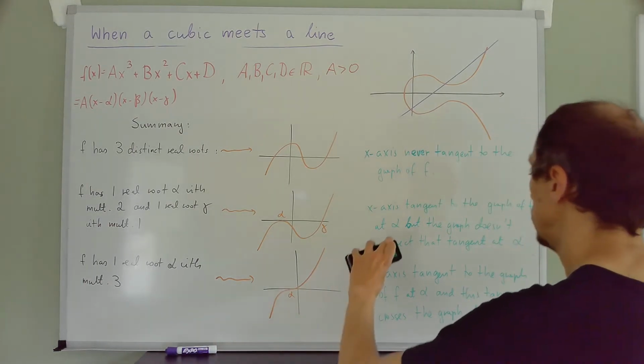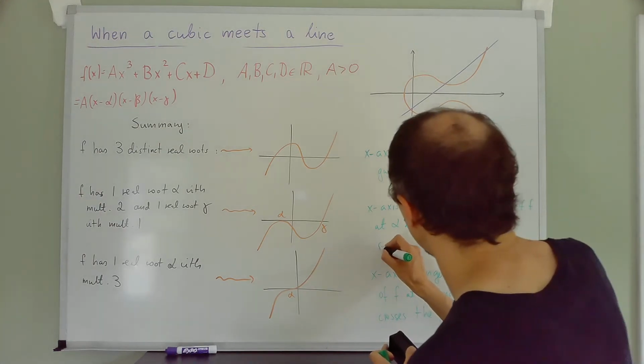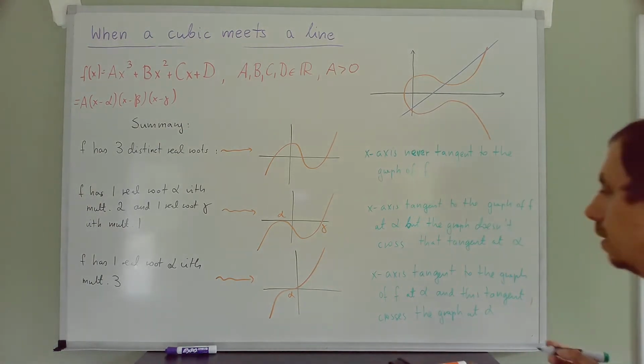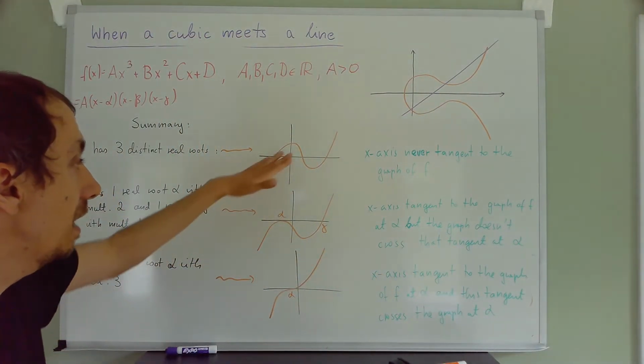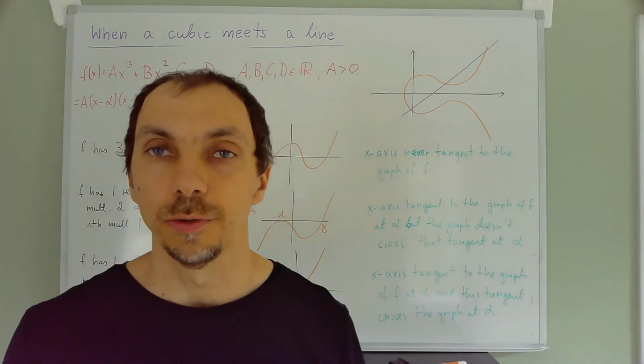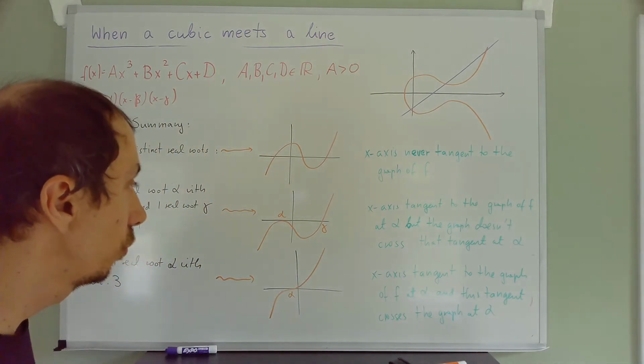Okay, maybe I shouldn't say doesn't intersect, doesn't cross the graph. Okay, these three situations can happen for a cubic with real coefficients and 3 real roots.